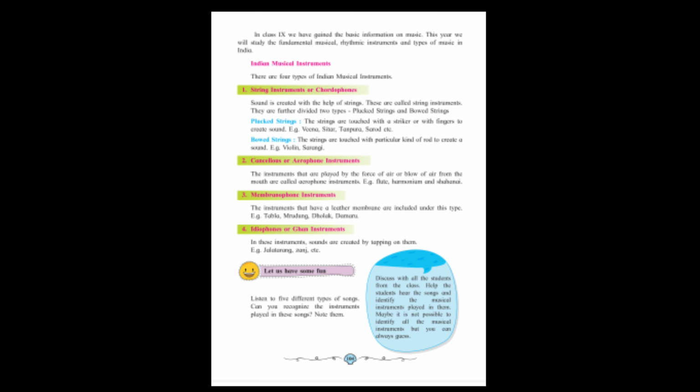Example, tabla, mridangam, dholak, damru. Idiophone instrument. In these instruments, sounds are created by tapping on them. Example, jaltarang, etc. These are the four Indian musical instruments. I hope all of you have understood these four points properly.